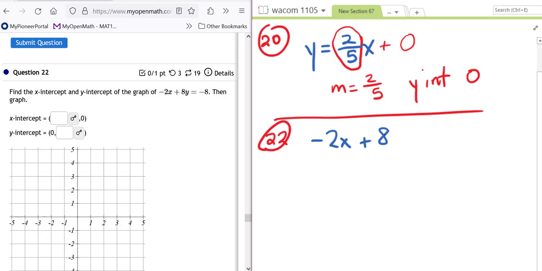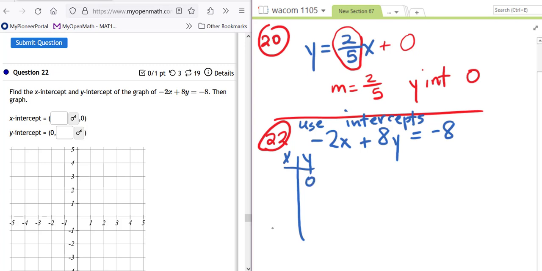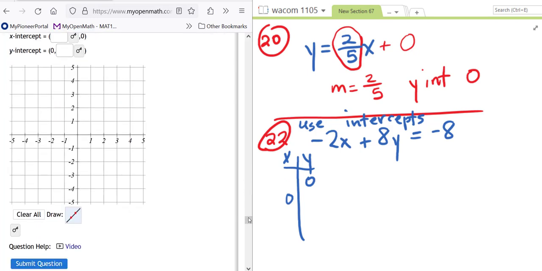This would be a good choice for intercepts anyway, because x and y are on the same half. I would do it as a table. They started you with kind of a table. X-intercept, they're telling you put the 0 in the y, solve, and then put the 0 in the x. So you're just going to plug in, and then you're going to graph those. So I'm going to skip it.